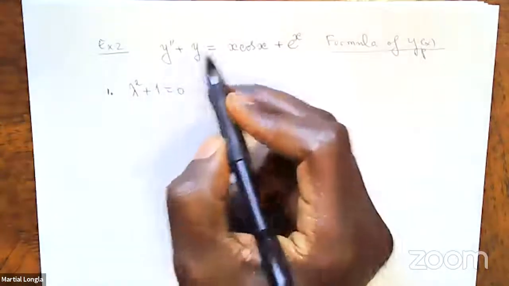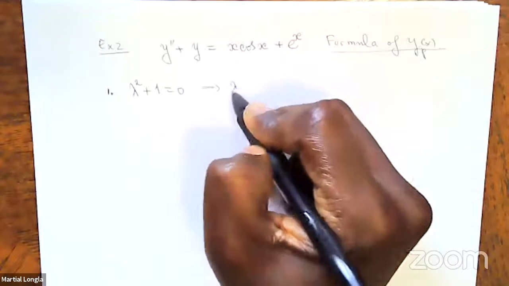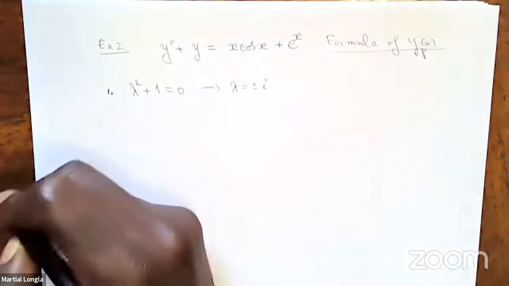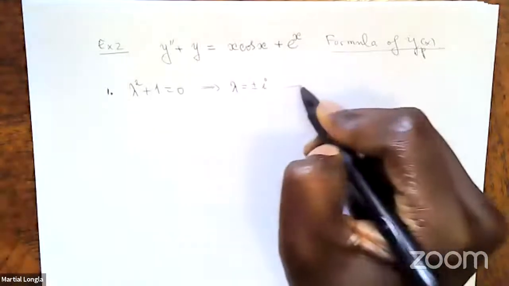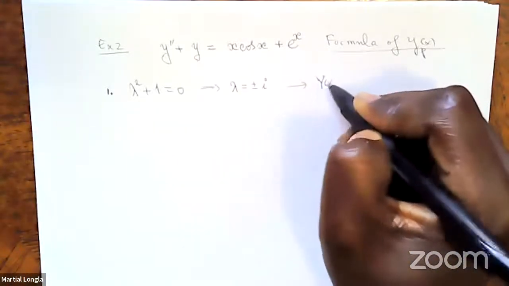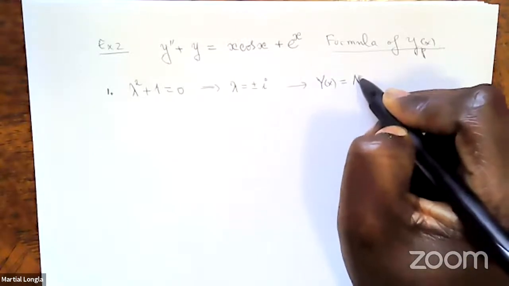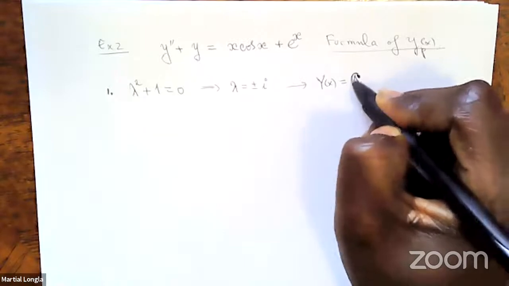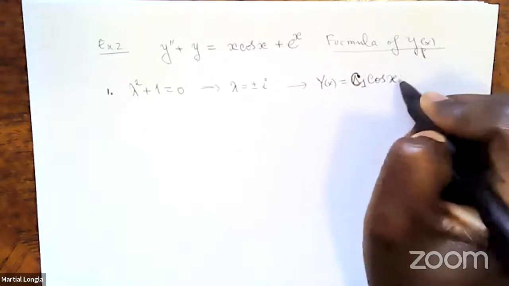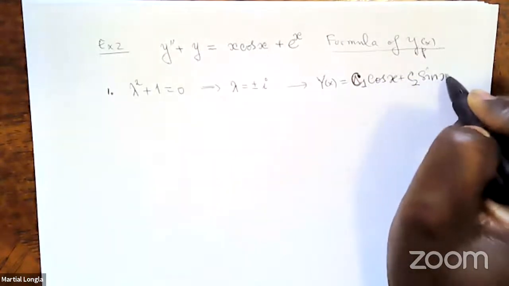Yeah. And so you solve that, you get lambda equals plus minus i. And so the answer is capital Y of x equals C1 cosine of x plus C2 sine of x, because alpha is 0.